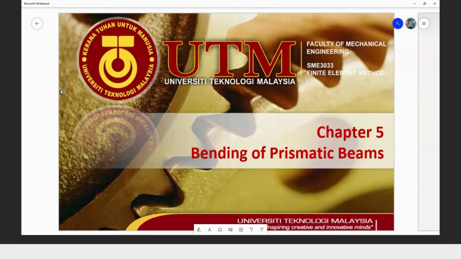So the most common structure that to support the bending, which is called beam.